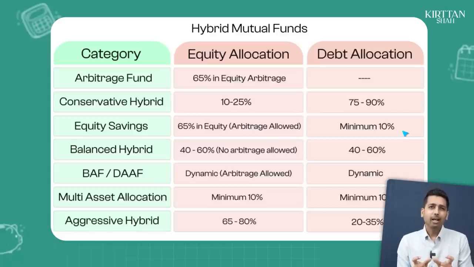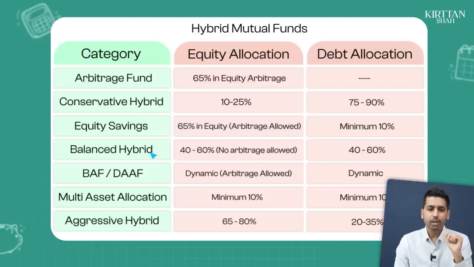So this is a fixed income kind of a product with 80% in arbitrage plus fixed income, which has very little risk, only 10 to 20% in equity. But still, when you invest in this product, you get equity taxation, which is the most important part of what you need to know about equity savings, because this is the prime reason why most people should actually look at investing in a product like the equity savings product.